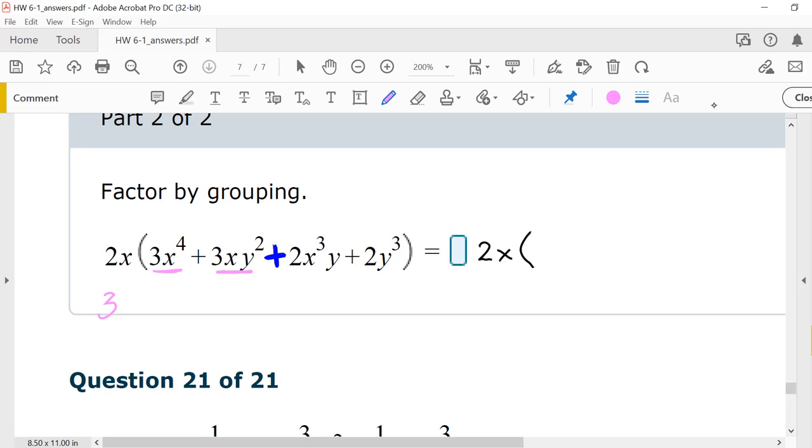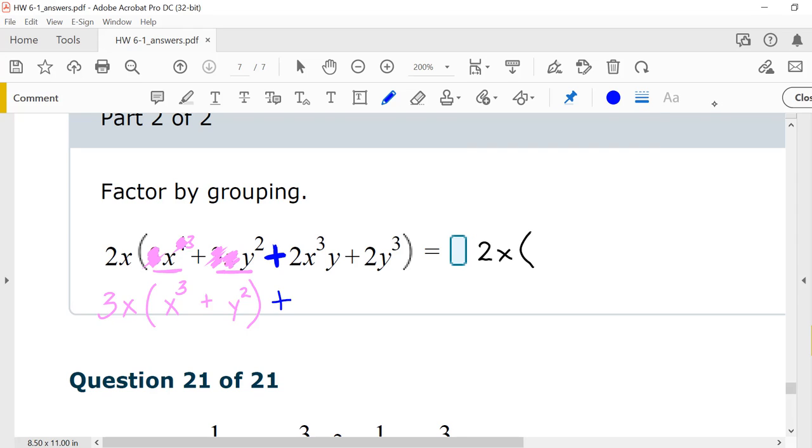I see a 3, x to the 4th, x, x. If I pull out a 3x, 3's gone. The x to the 4th becomes x cubed. If I pull out 3x, so here on the first 2 pink terms, I have left x cubed plus y squared.